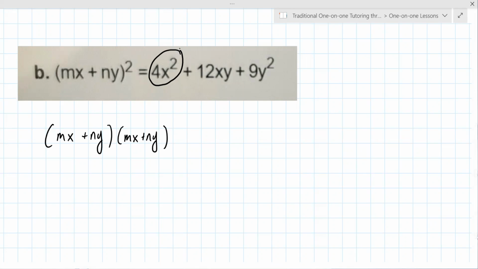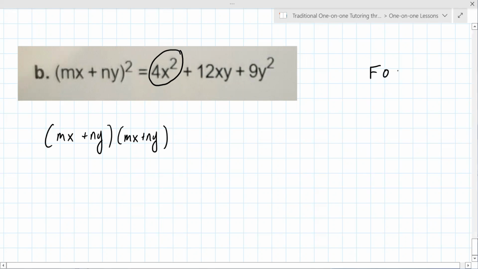I'm asking you, not rhetorically. Right. To get the first term, you just have to take the first times the first. So mx times mx is m squared x squared.